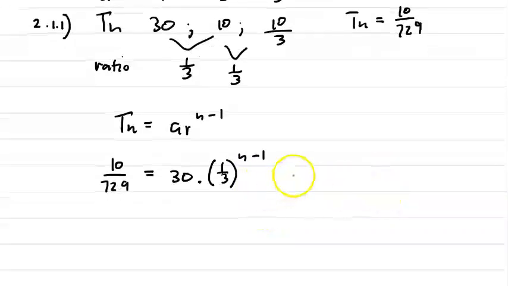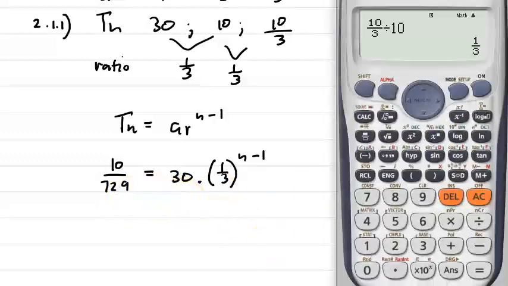Now this becomes an exponential equation and we're going to solve for n. Remember that in an exponential equation, we want to get a common base on both sides. Because when we get a common base on both sides, then the bases fall away and we can equate the indices. So let's get rid of this 30 in front here. So we're going to say 10 over 729, and we're going to divide both sides by 30.